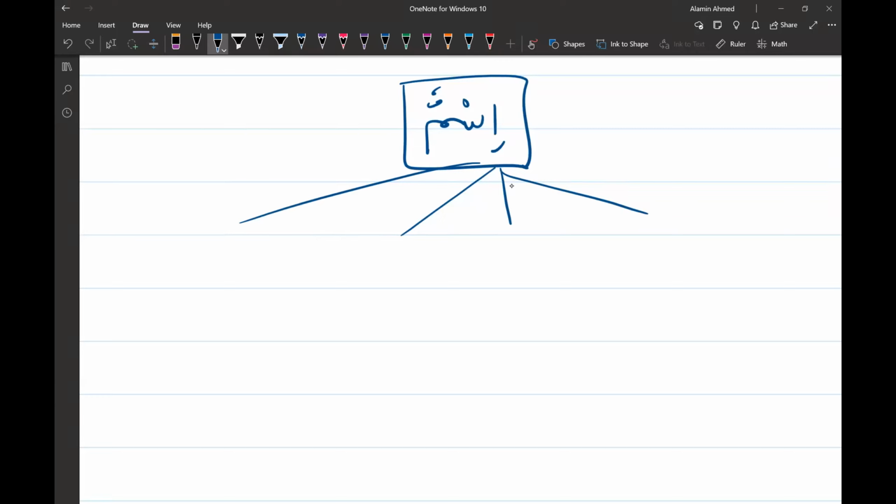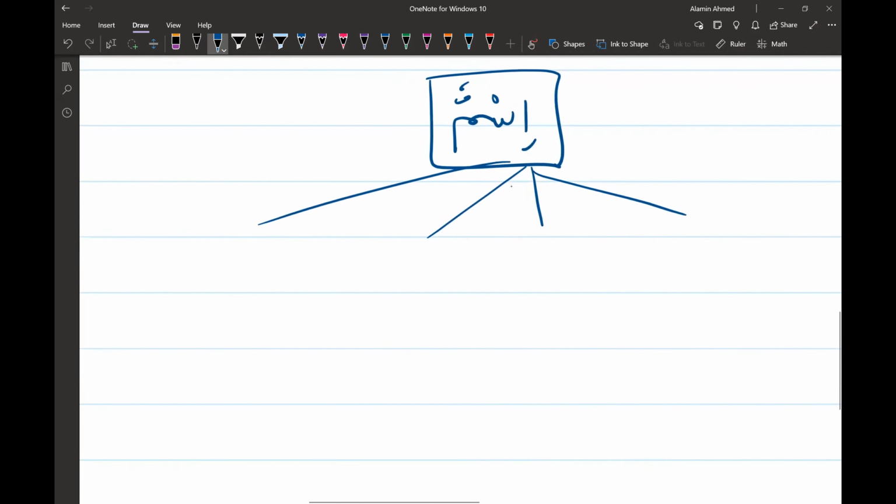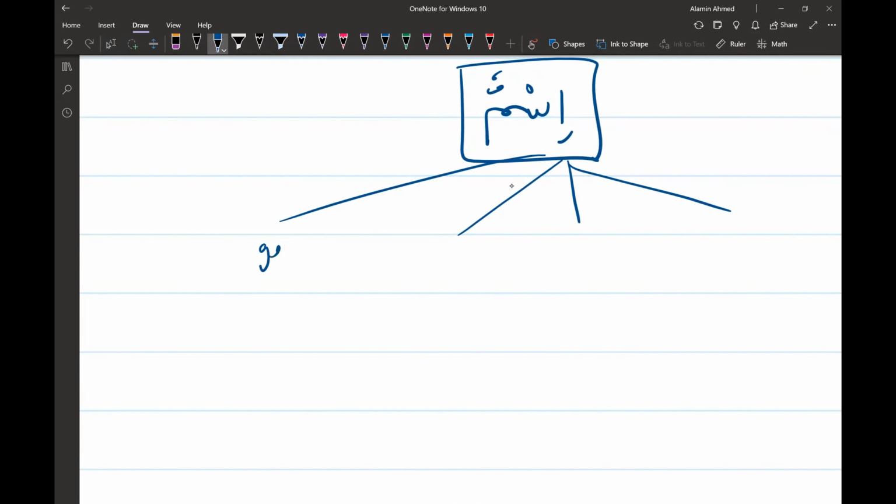So every noun, every ism that we have, I'm interchanging noun and ism because ism covers nouns and all other adjectives and everything, gives us four different types of information. Number one is gender. The noun will tell us whether it is masculine or feminine. So that word itself will give us a clear indication of whether it is masculine or feminine.